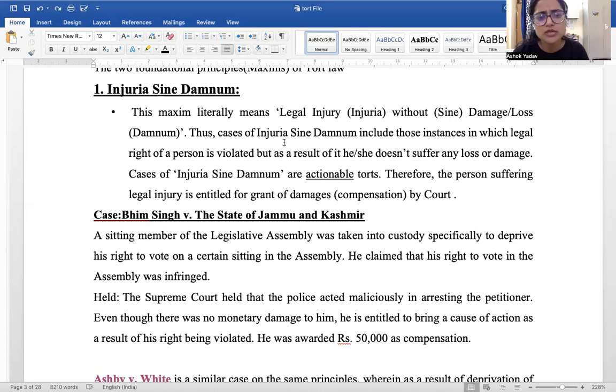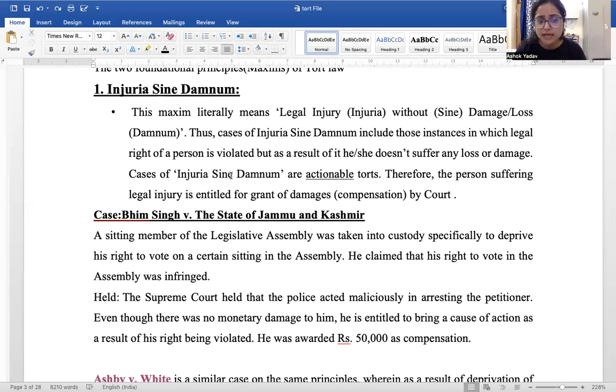Thus, cases of injuria sine damno include those instances in which the legal right of a person is violated, but as a result of it, he or she doesn't suffer any loss or damage. So legal injury was caused to you, but the person did not suffer any actual loss or damage.